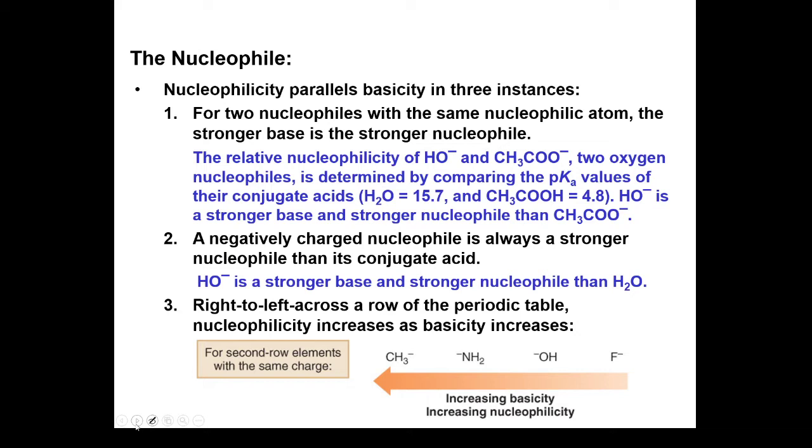The nucleophile in both is that tail oxygen. What I would do is look at the pKa values. 15.7 for H2O. Okay, which means a low Ka value. CH3COOH is 4.8, which would have a higher Ka value. Or if you remember, the higher the pKa value, the more basic I am. So OH is the stronger base.